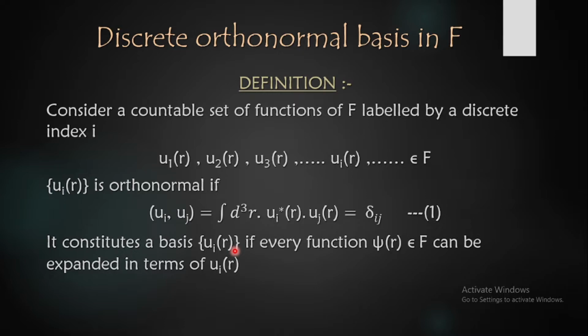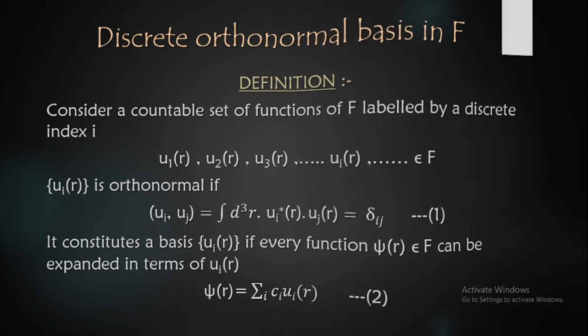In that case, we can define xi of r as the summation over i of ci into ui of r, which is equation number 2. These equations we have already studied, where ci is the coefficient which is also called the probability amplitude, which you can get in the playlist section named Quantum Mechanics Basic Principles.